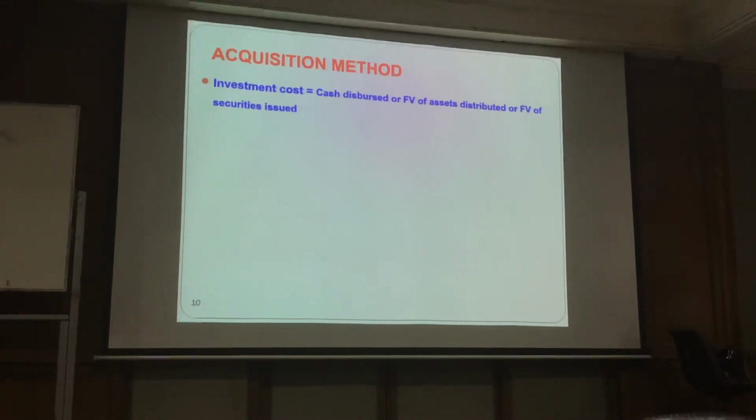But if you pay more than that, you add more. Just like you pay 500, you record investment cost at 500. But you need to identify to me: 200 in asset, 20 in liability, and 320 goodwill. Clear? You pay 500. Fair value of asset 200, fair value of liability 20, and another one is goodwill for 320.